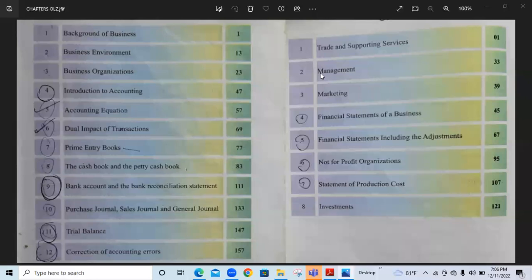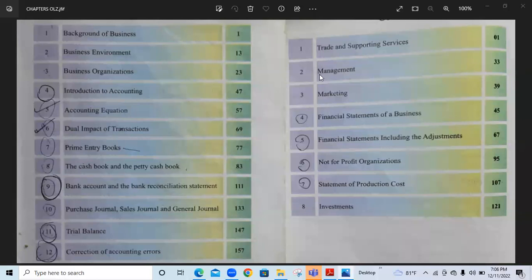Almost 80 percent of the book you're studying is accounting. But in grade 11 it's maybe 50-50 or 40-60. The first three chapters are business studies, and whatever I have circled, those are the accounting part.